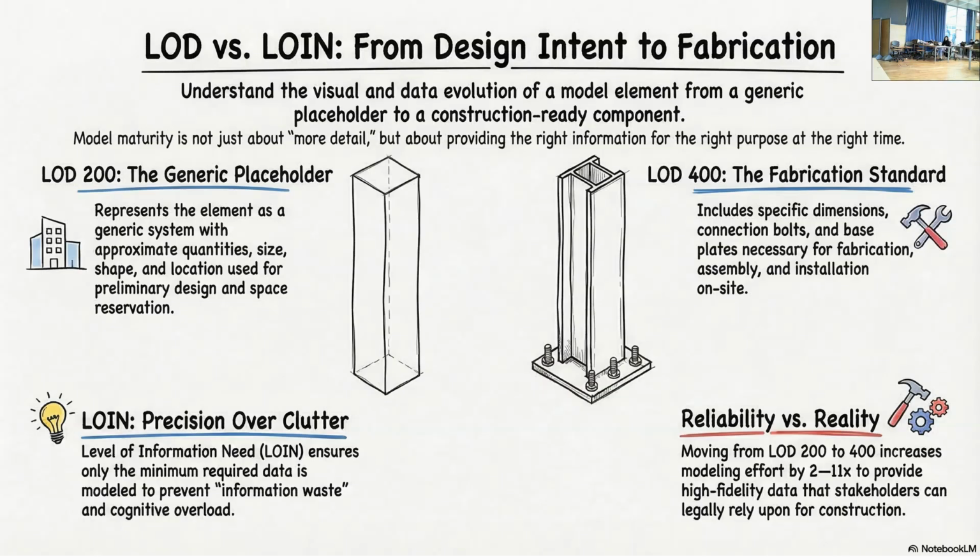Okay, so that is the idea. And with LOIN, we basically define the minimum required data. Basically, from 200 to 400, the amount of detail, the amount of information increases like 5 times or 10 times.